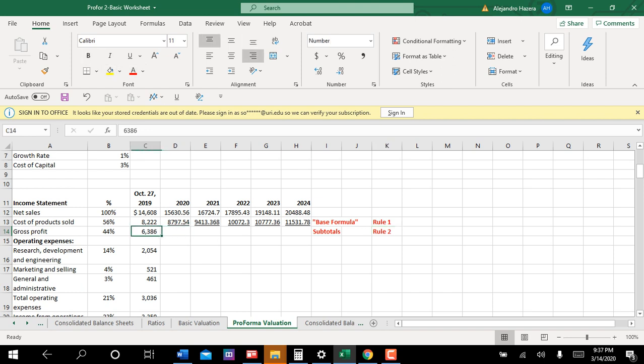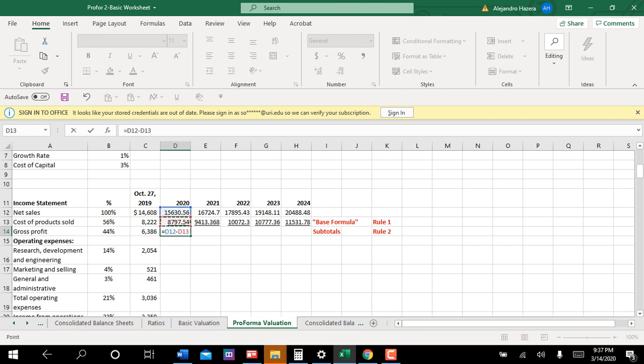Okay, so we all know that gross profit is sales less cost of goods sold. So let's just do this. We're going to calculate this as a subtotal. So your net sales minus, for 2020, your cost of goods sold of 8,800 more or less gives you a gross profit of 6,833.